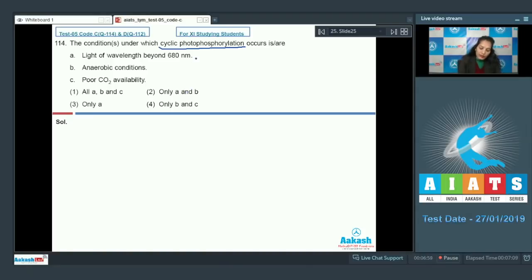Light of wavelength beyond 680 nanometer, yes, it is true. Anaerobic conditions, true. Poor CO2 availability, it is also true. When these conditions are there, cyclic photophosphorylation will occur instead of non-cyclic photophosphorylation. So the correct option for the given question is option number 1. Let's move on to the next question.